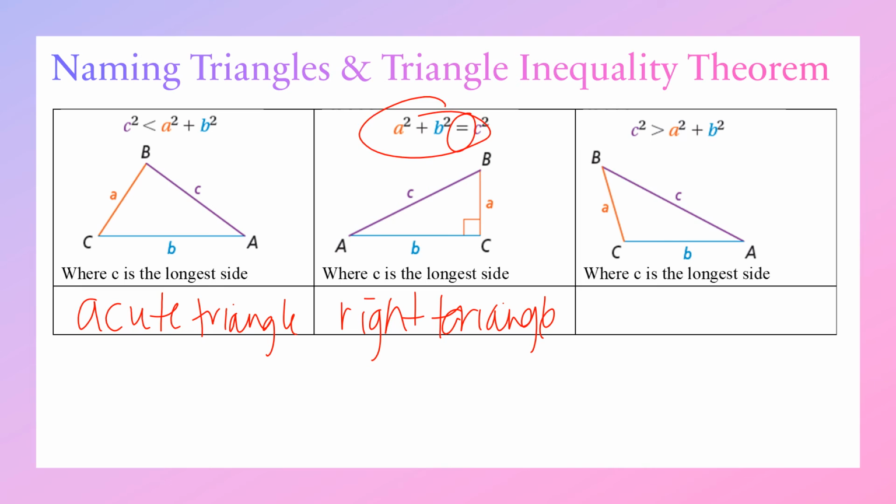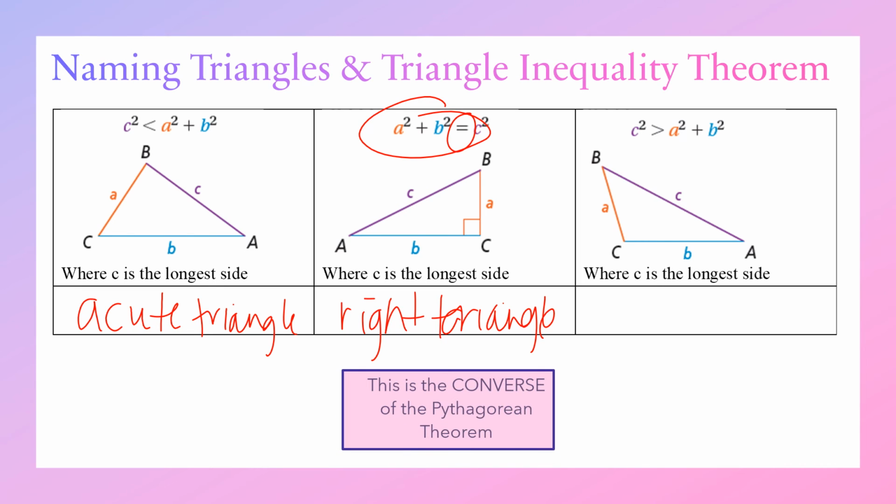And this here is also the converse of the Pythagorean theorem. So if you have two sides squared that add up to your longest side squared, then it means it's a right triangle.